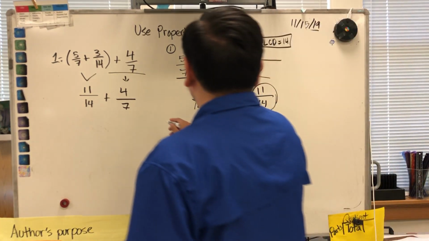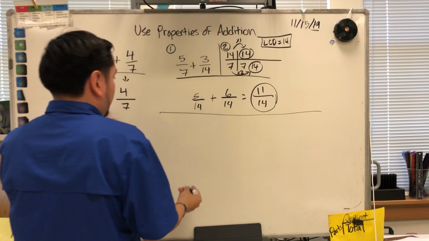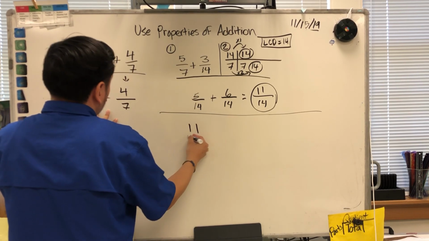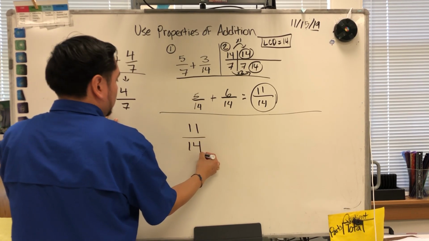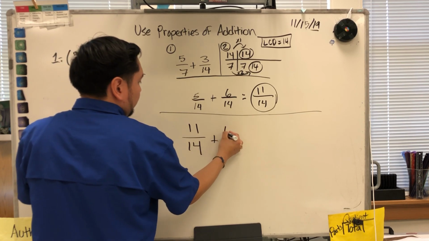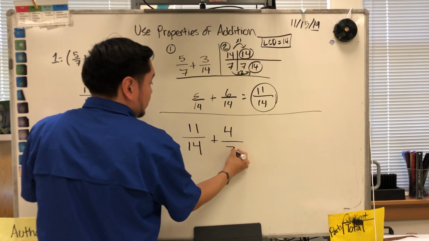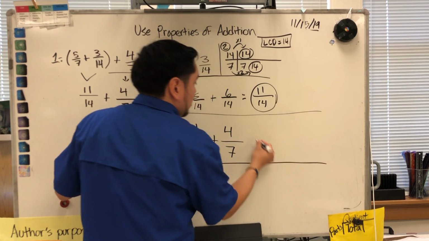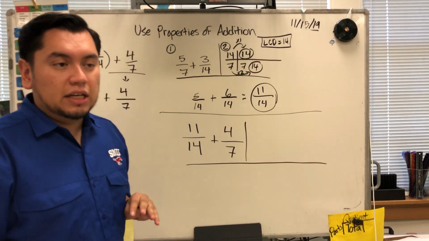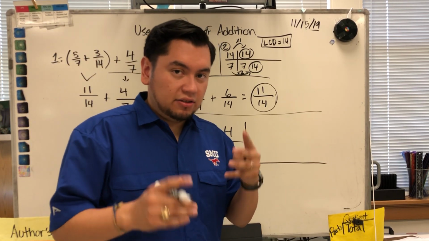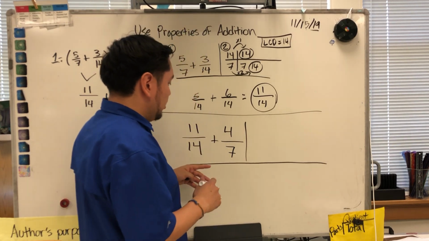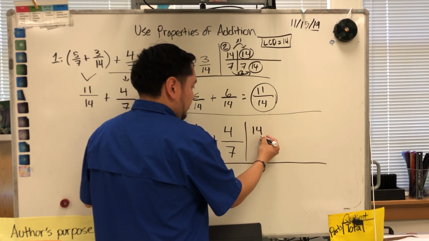I'm gonna draw a little line here to set up my next addition. I got 11 out of 14 plus 4 out of 7. Set it up here. Again, I can start connecting 2 and 2 together and know that my LCD is gonna be the same.